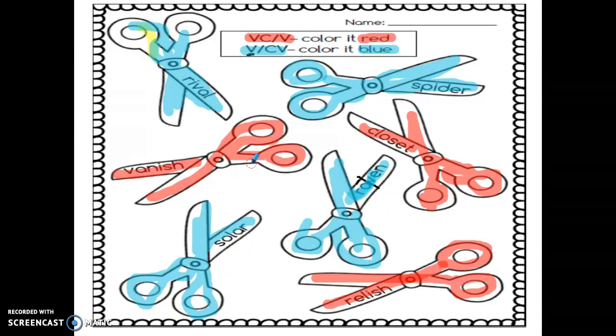So like I said, this can be a tricky pattern, but what you need to keep in mind is just like I tried. Try the short vowel first, and if you sound the word out with a short vowel and it's not making sense, flip the vowel sound to the long vowel sound, knowing that sometimes if a syllable break happens right after a vowel, like in rival, spider, raven, or solar, it causes the vowel to make its long sound.